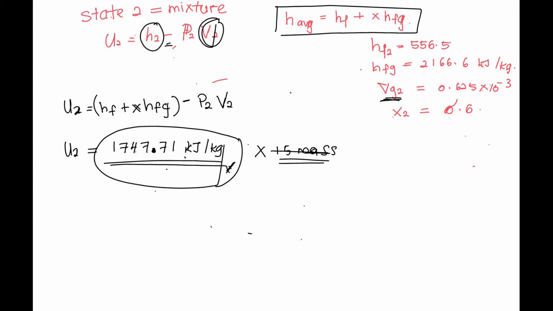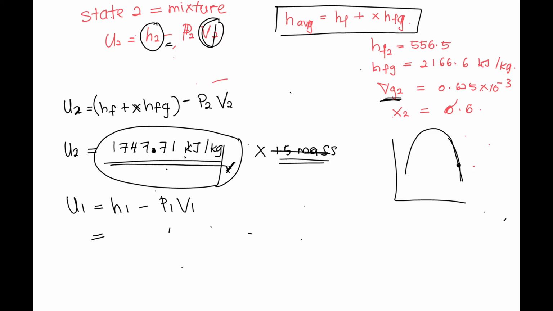So what is the value of specific internal energy at state 2? At state 2, it's relatively simple. Why? Because it's actually at the saturated state. Right now we want to solve specific internal energy at state 2 equal to H2 minus P2, 5 bar, V2, and here it lies at saturated steam. Okay, and the formula all corresponds to Hg.